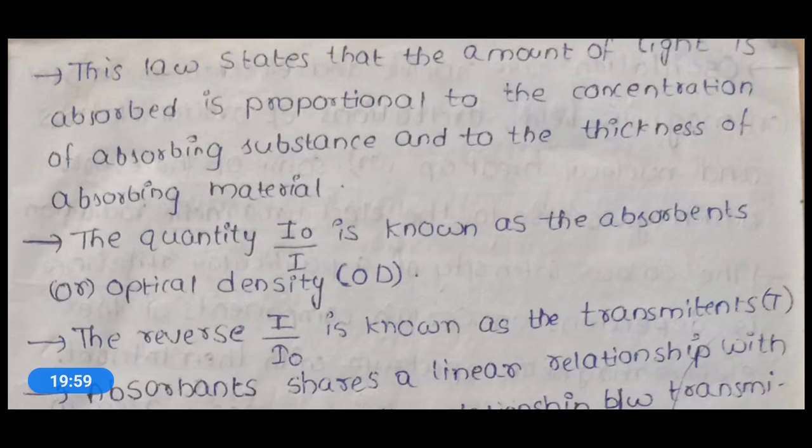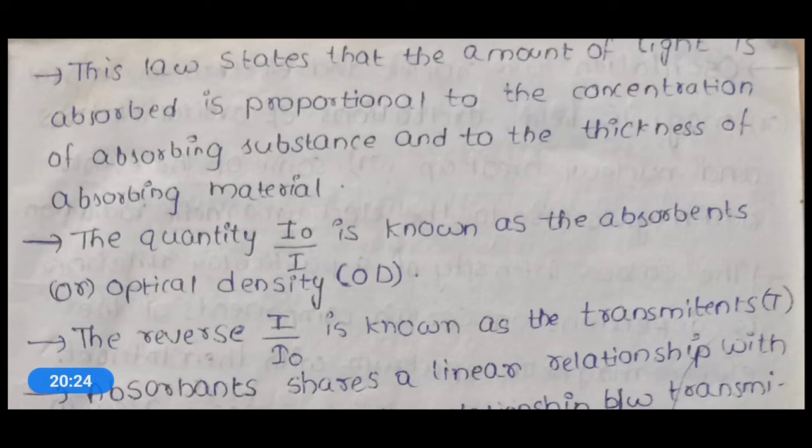That means the concentration of the absorbing substance and also the thickness of the absorbing material are proportional to the amount of light absorbed. So the amount of light absorbed will depend on the concentration of the absorbing substance and also the thickness of the absorbing material.